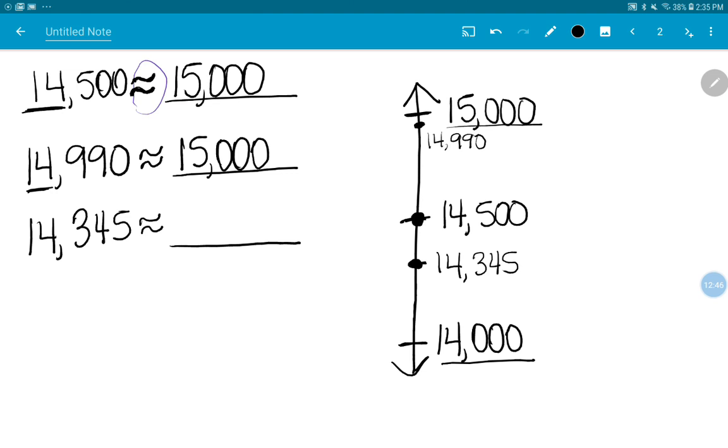Is that closer to 14,000 or closer to 15,000? 14,000. It's below the midpoint. It's less than that 500 that's in the midpoint. So it rounds to 14,000. All right, so let's try another one.